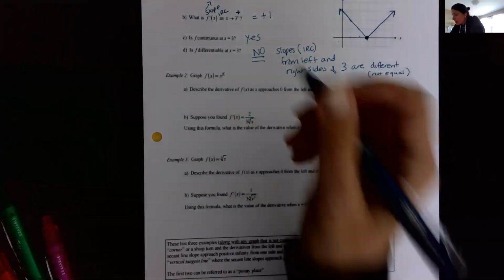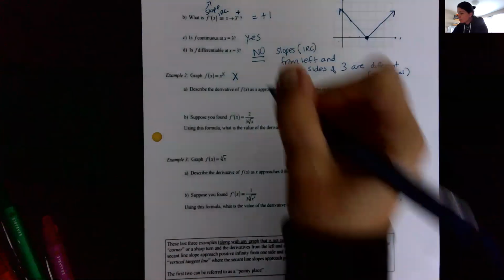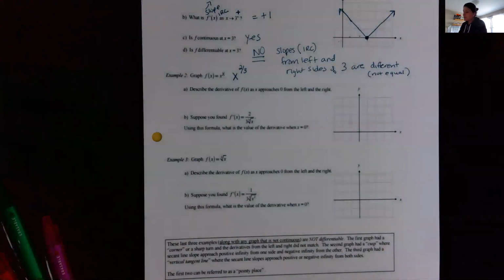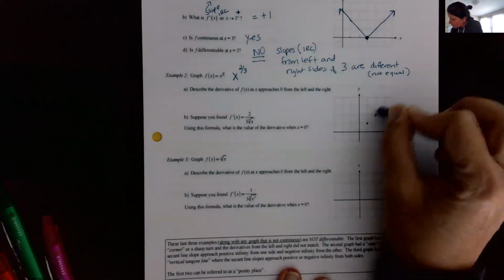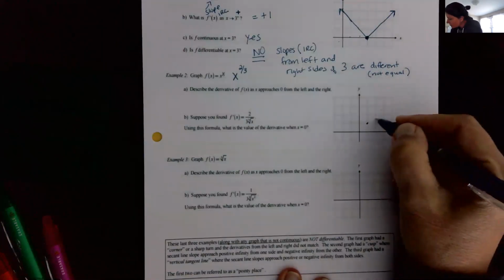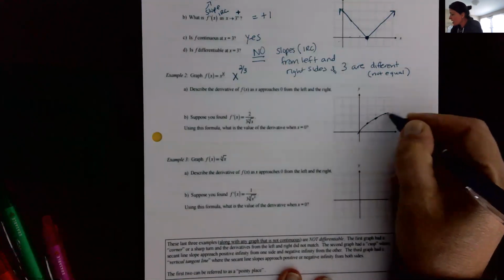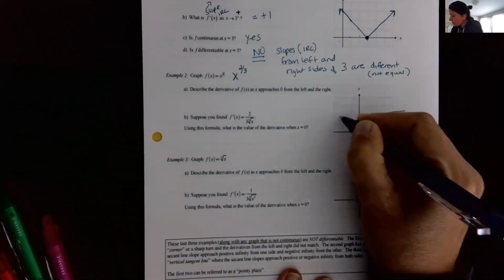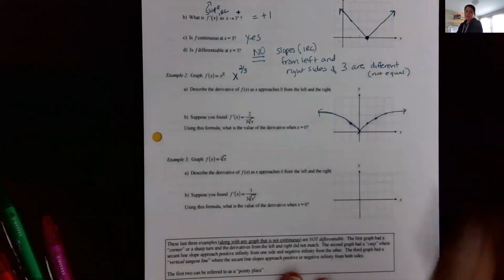Second graph, and again, I apologize that these are so small. That is x to the 2/3. Rewrite that for yourself. Feel free if you want on your calculators to graph this. The graph does something like this.